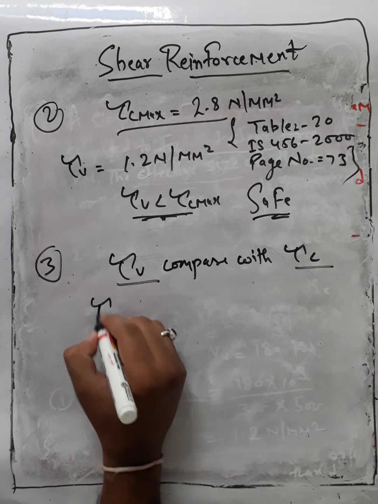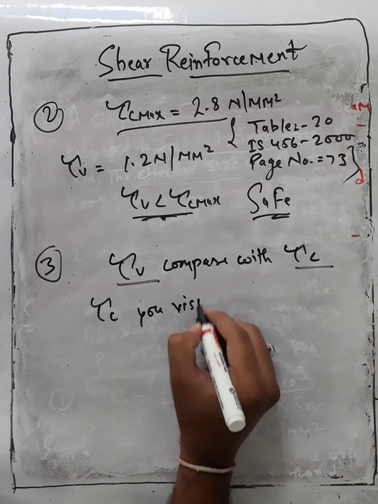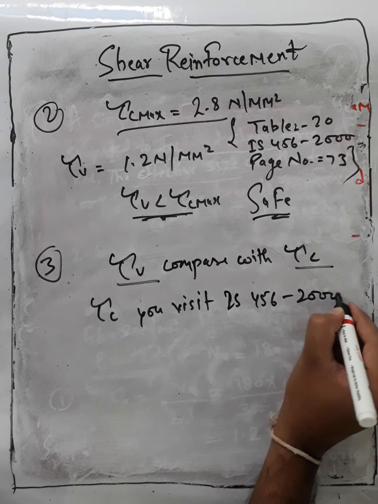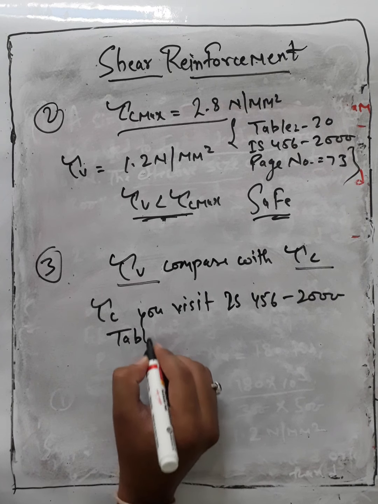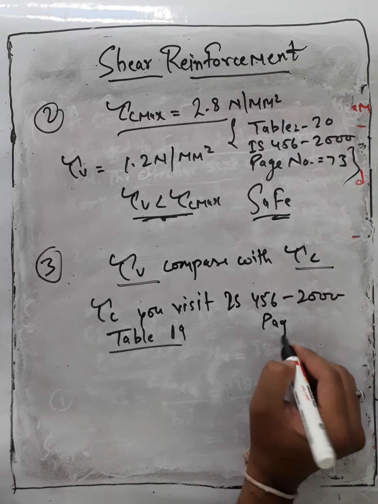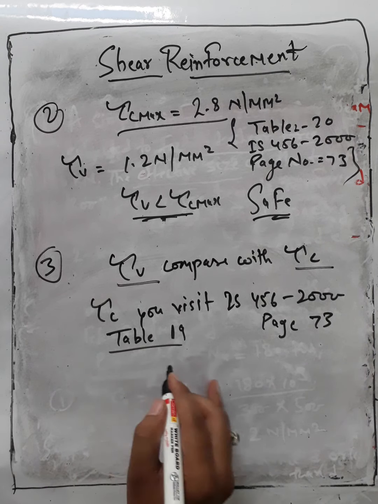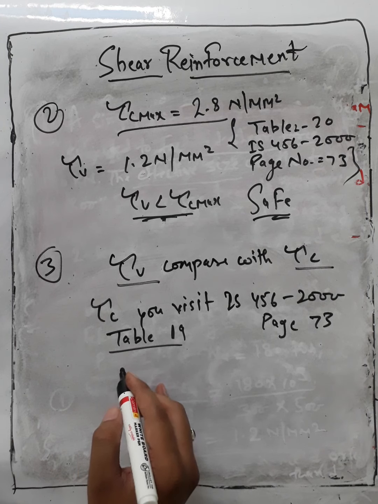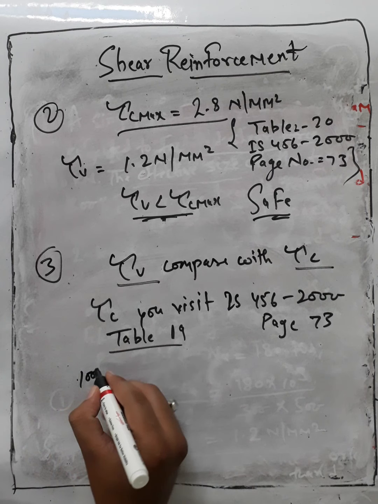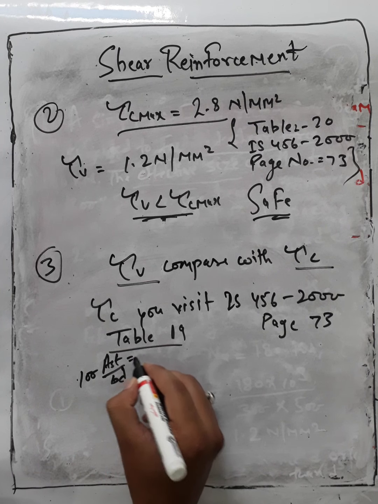So for finding tau c, you visit IS 456 2000, table number 19, page number 73. Here I draw the table which is used in our case. We have one column, 100 Ast upon bd, which is called pt.